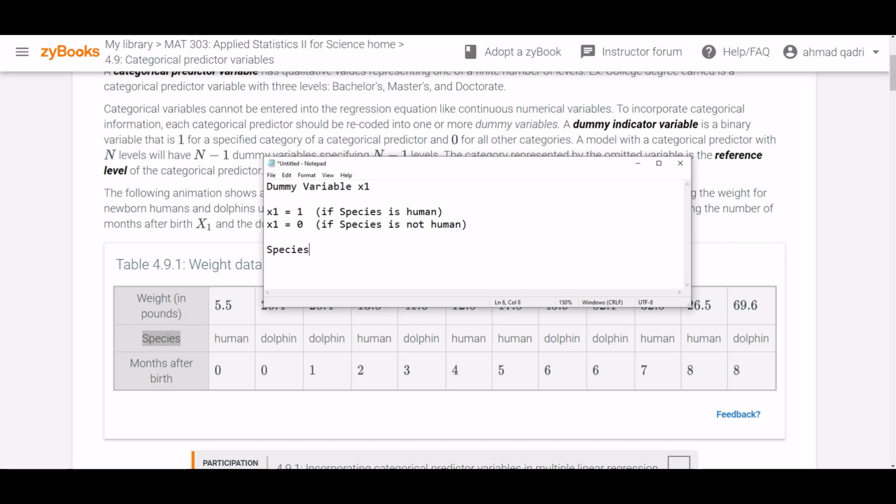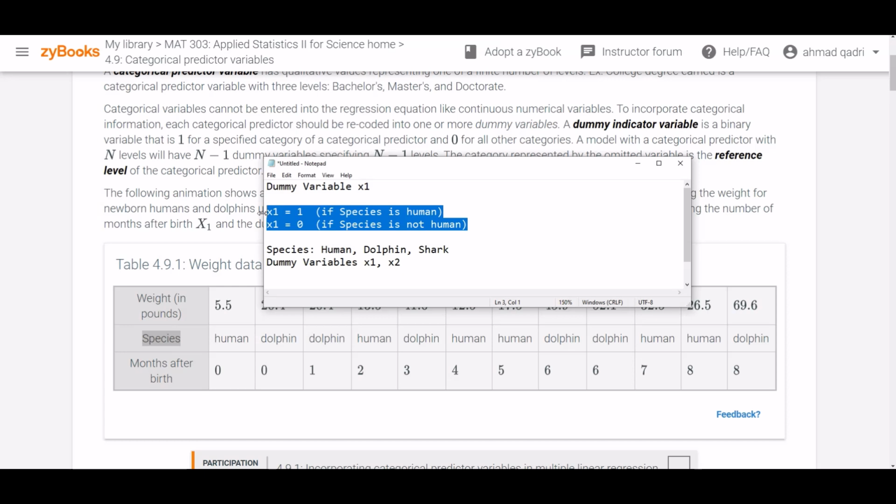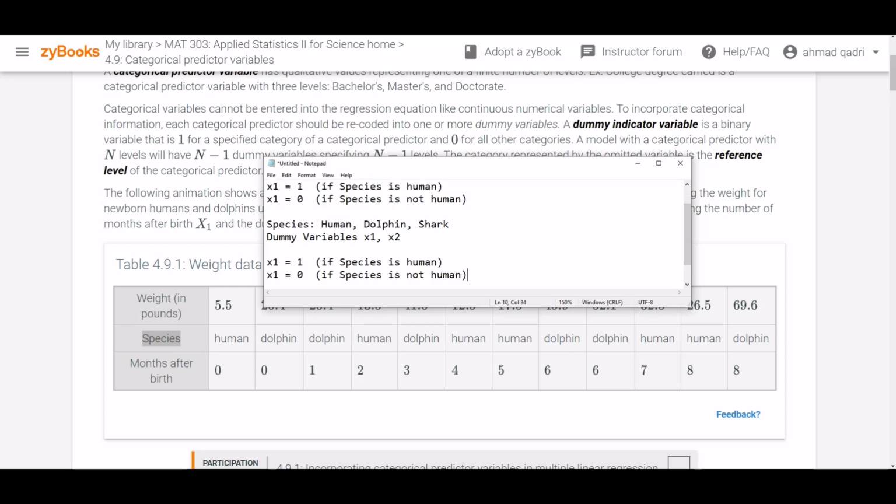So suppose that species took values human, dolphin, and shark. So now we have three levels. So how can we code three levels using dummy variables? How about we use two dummy variables? So we will have dummy variables x1 and x2. We can code x1 similar to how we did before.